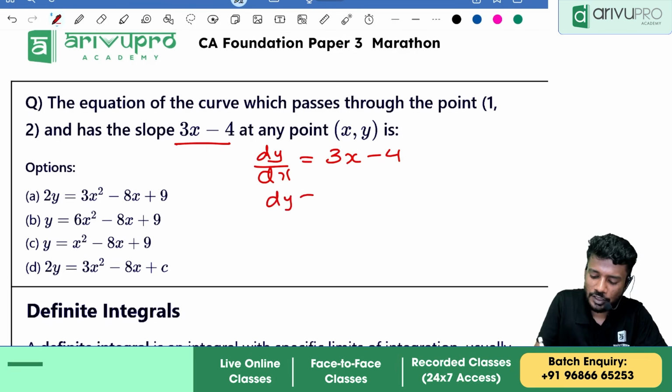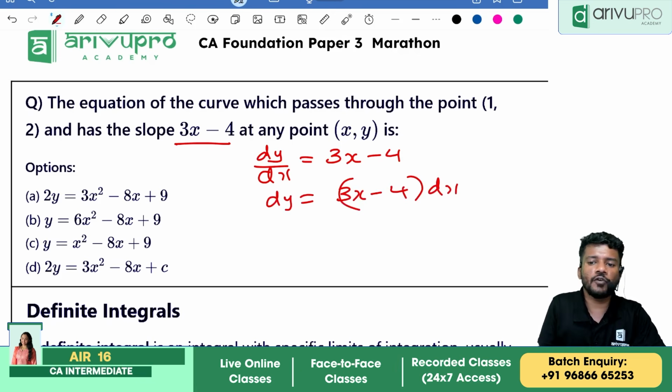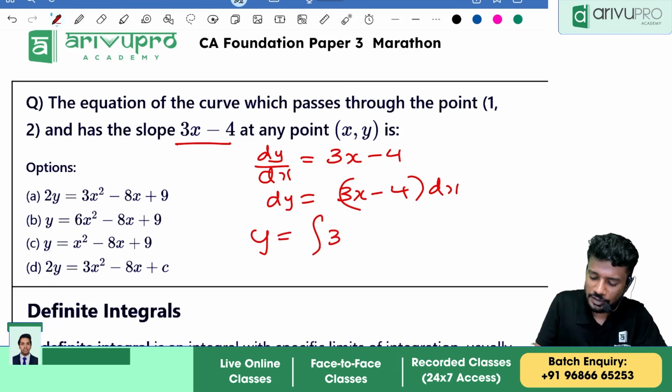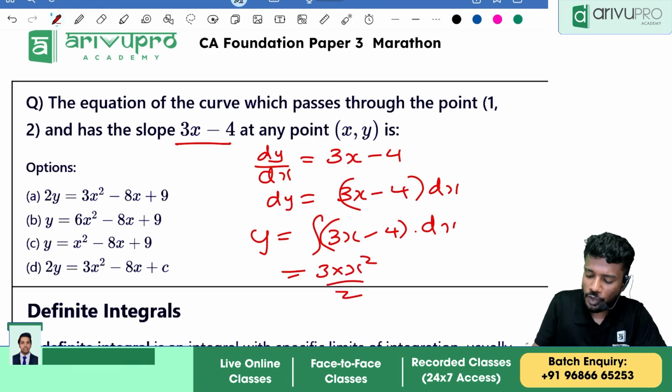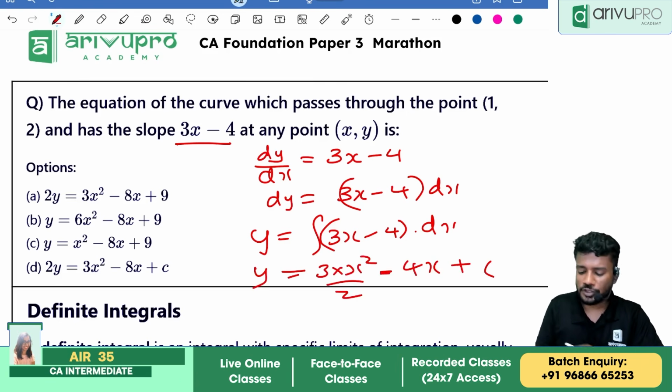Then dy is 3x minus 4 into dx. Now how will you find the value of y? Integrate it. y is equal to integral 3x minus 4 into dx. Now what is integral 3x? That is nothing but 3 into x square by 2 minus 4x plus c. So y is equal to this much.